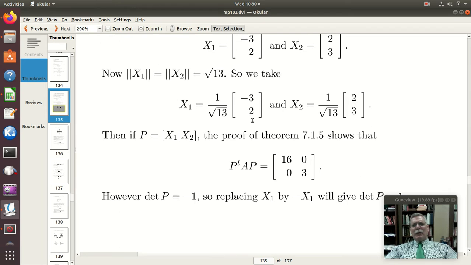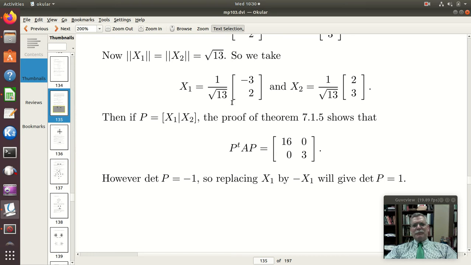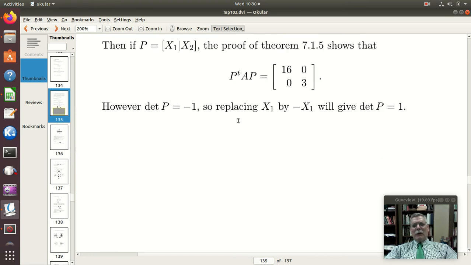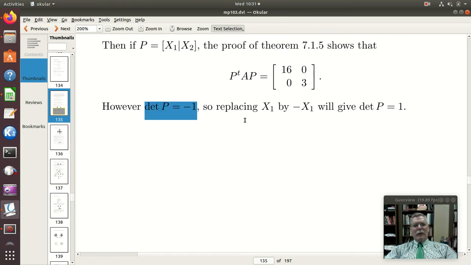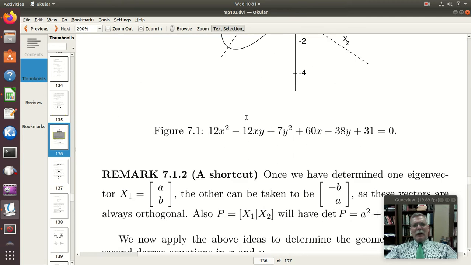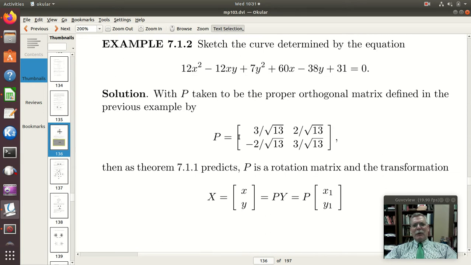The eigenvectors, and I think when I did this I forgot to take the negative of x1, because they point out here that the determinant of P is -1 when they use these two vectors. So if you just make either x1 or x2 negative, you get a +1 then. And so they did that. But there they had the eigenvalues and eigenvectors, and so here's their P that we got from getting the eigenvectors and normalizing them to be unit vectors.